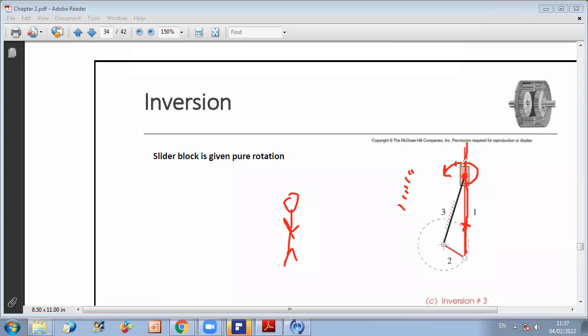So this block will just do a rotation about a fixed point relative to an absolute frame, while relative to the frame of link 1, a frame fixed to link 1, it will translate. But since we are interested in the absolute motion, the absolute motion will be just pure rotation. Any question on this?